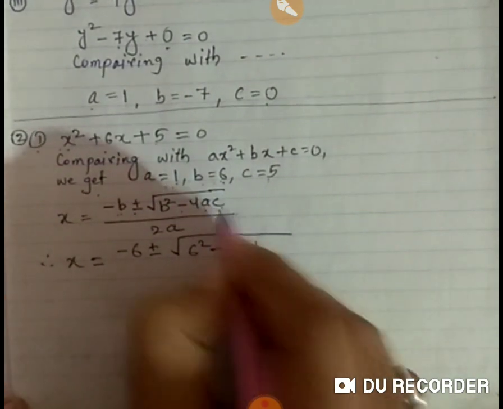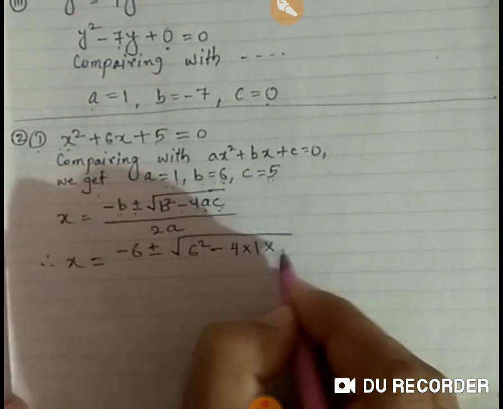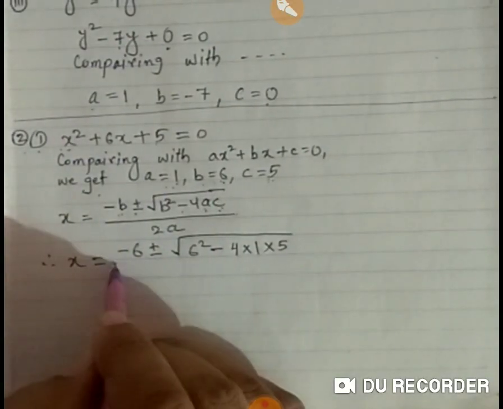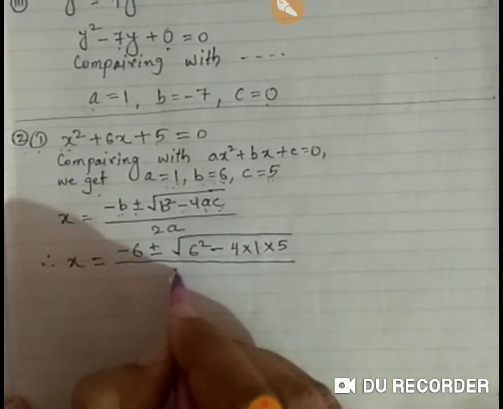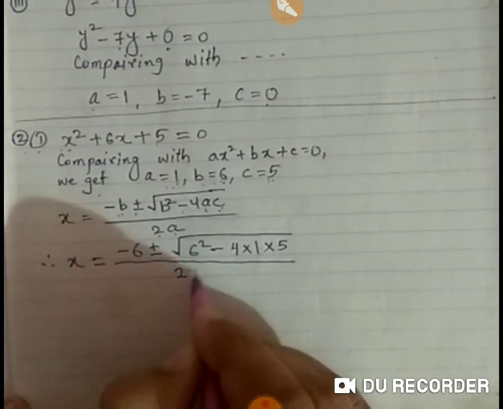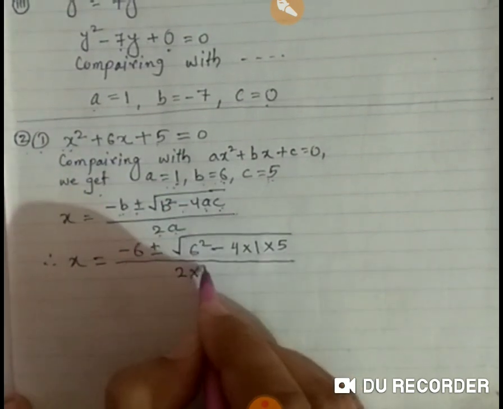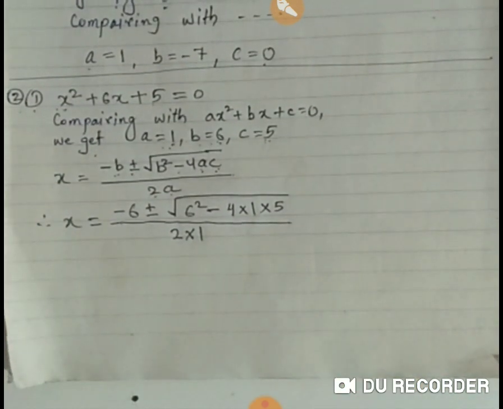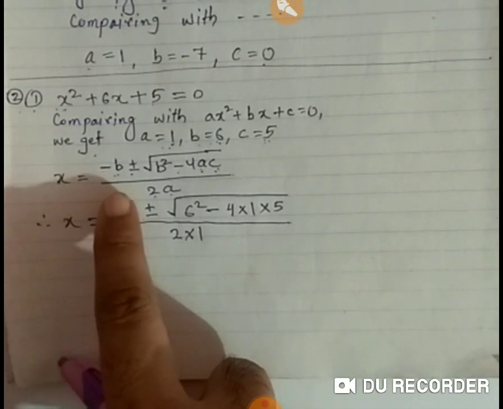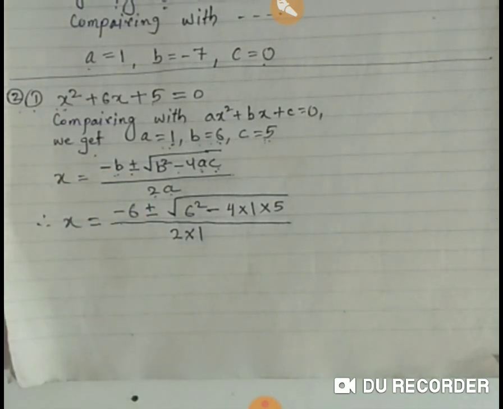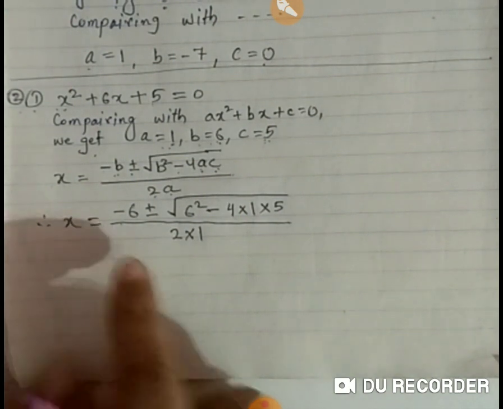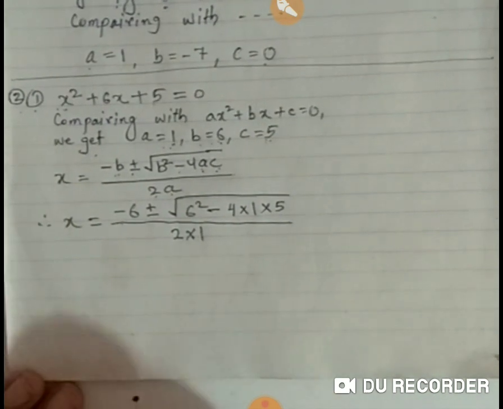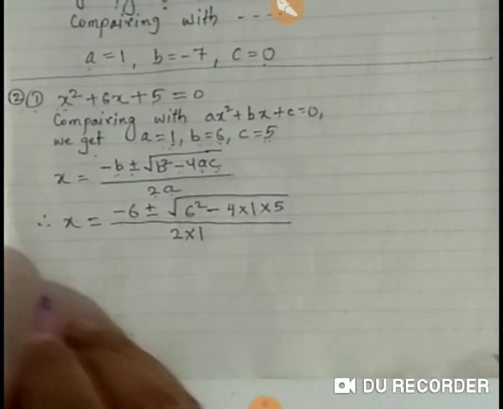Then c, we have 5, upon 2a. a is 1. So it is done. We substituted all the values of a, b, c in the formula. After substituting the values, you just need to do certain arithmetic operations, like addition, subtraction, multiplication and all, and you will get your roots.